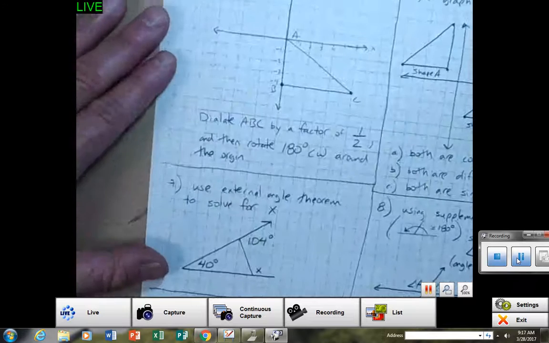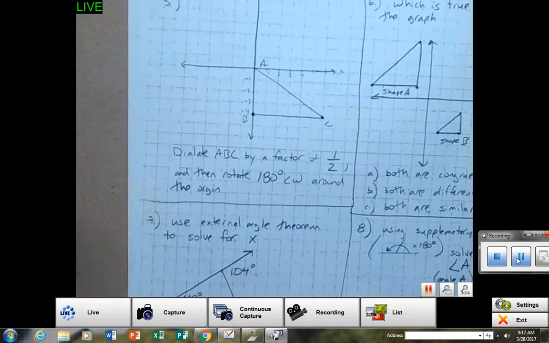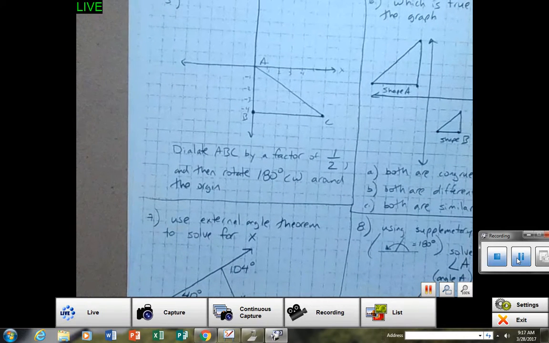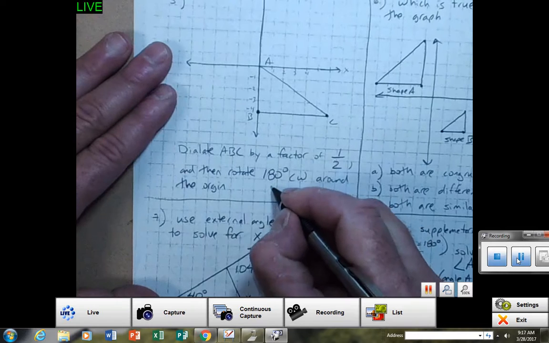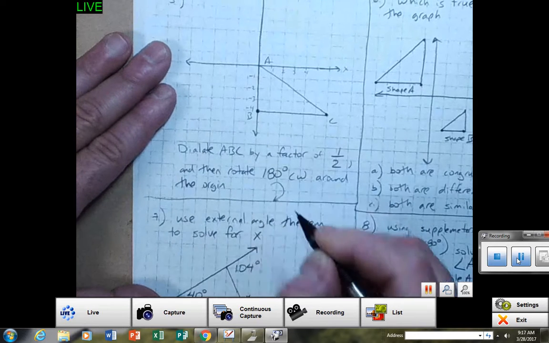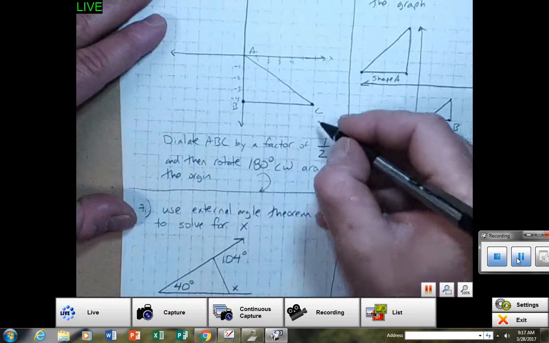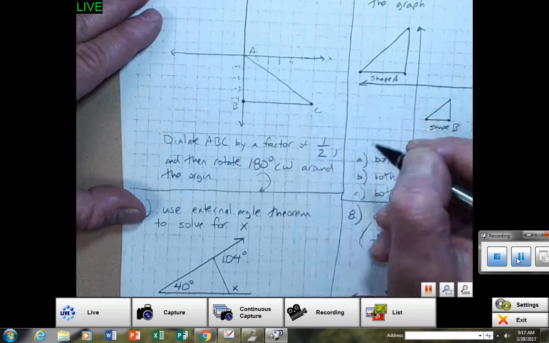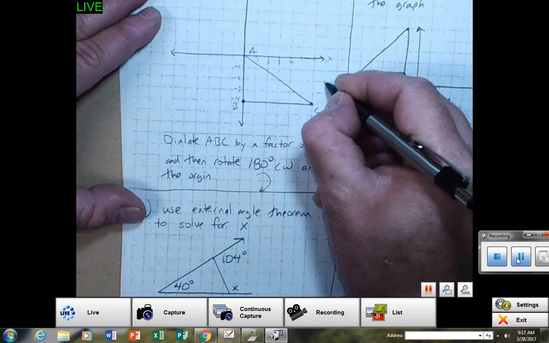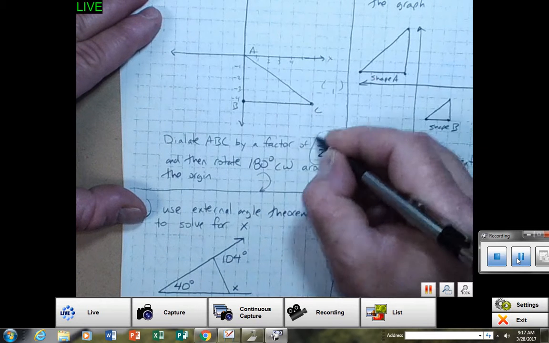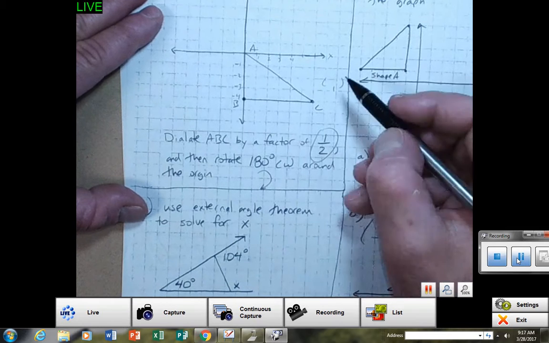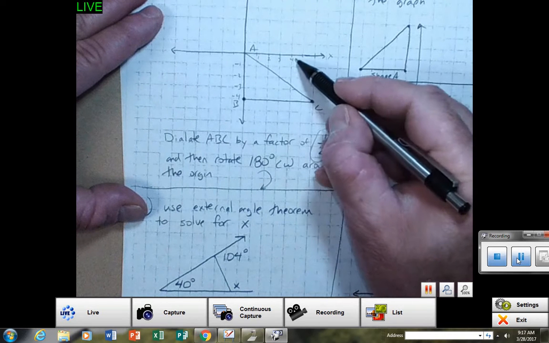Number 5 says dilate it and then rotate it 180 clockwise, which is this direction. So if I dilate it, I'm going to take each point and multiply both by a half, which is my dilation factor. This point right here is 4, 5.